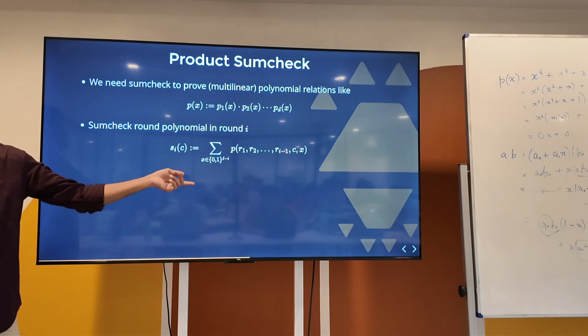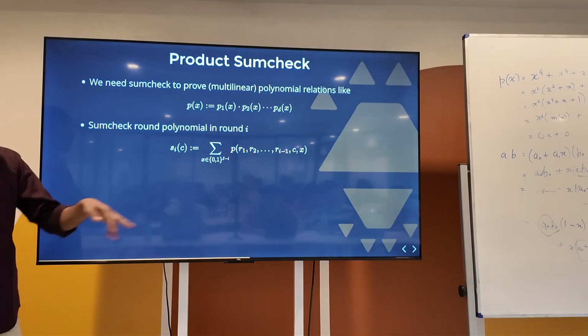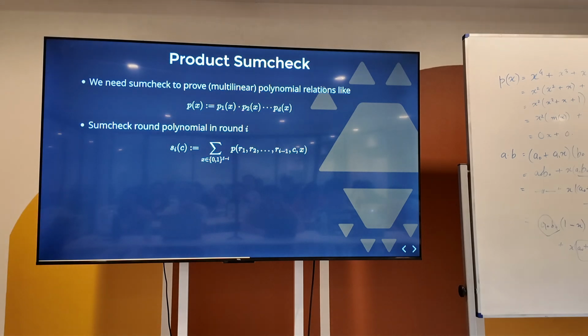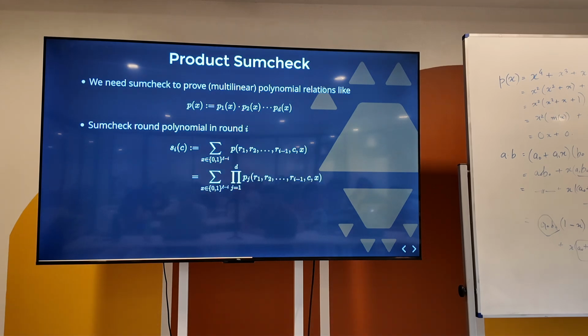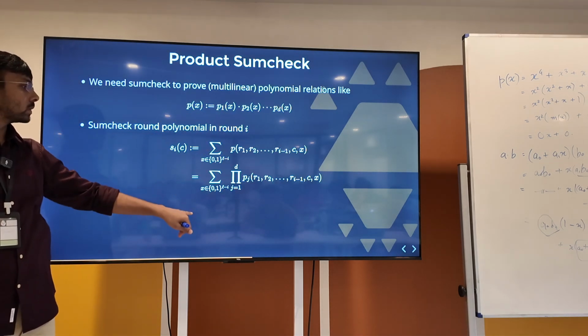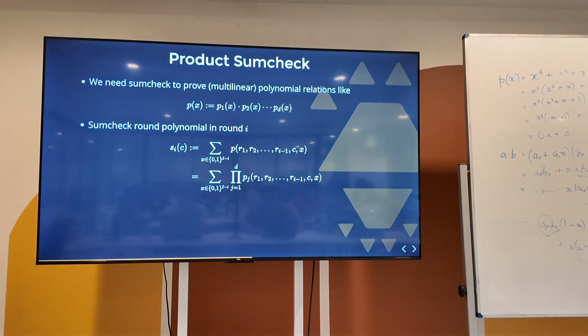Because that's the new bottleneck. In the first 3-4 rounds, computing this round polynomial S_i was very slow. That's why we are looking into the definition of the round polynomial. Now, in this particular case, because our sumcheck polynomial is a product of a bunch of polynomials, we just substitute the product to make the notation a bit clearer.